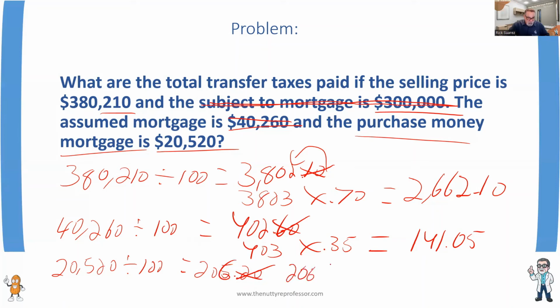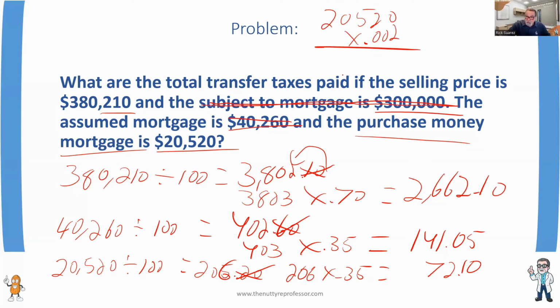So 206 times 0.35 comes out to $72.10. And then the only one I'm missing, I can't fit it, so I'm just going to put it here. It's 20,520 times 0.002. And that's going to give you 41.04. So I'll just stick 41.04 here. And then when you add them all, you're going to end up with 2,922 with 66 cents. It's a great exercise.